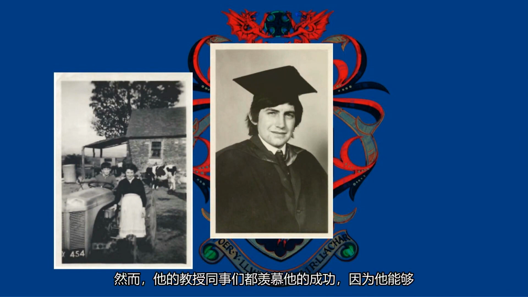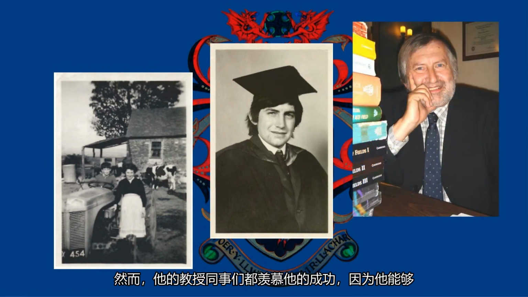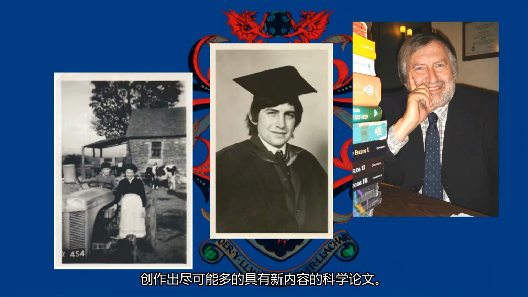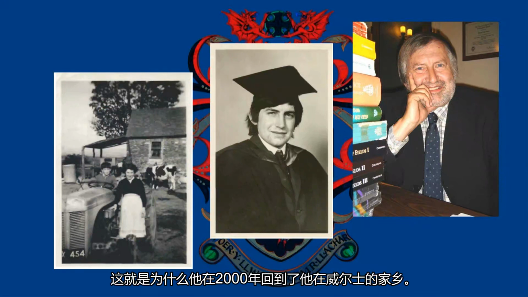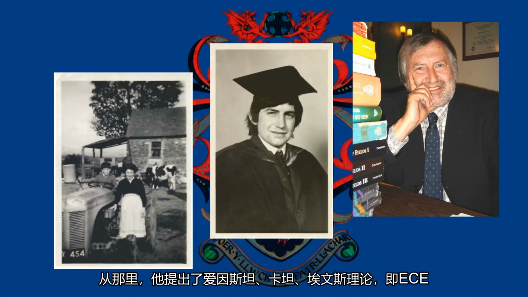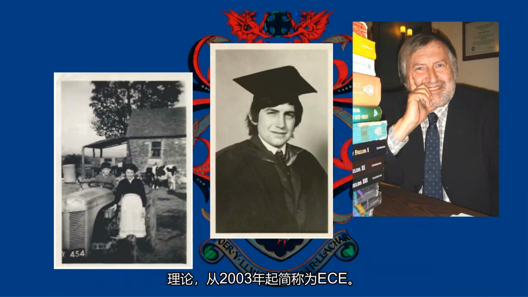However, his fellow professors envied his success, as he was able to produce as many scientific papers with new content in a month as his colleagues could in a whole year. This stressful situation eventually led to a nervous breakdown for Evans, which is why he returned to his hometown in Wales in 2000. From there he developed the Einstein-Cartan-Evans theory, or ECE theory for short, from 2003 onwards.